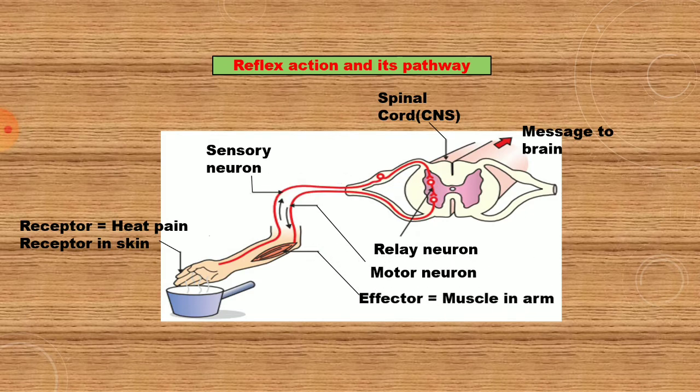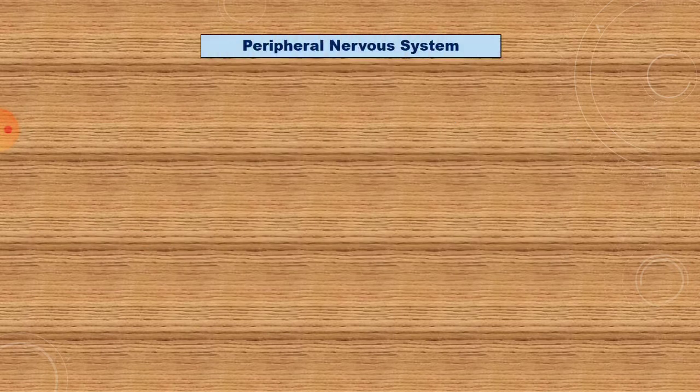The muscles of the arm contract and withdraw our hand immediately from the pan. The muscle is the effector organ which responds to the heat. This is a reflex action and its pathway.